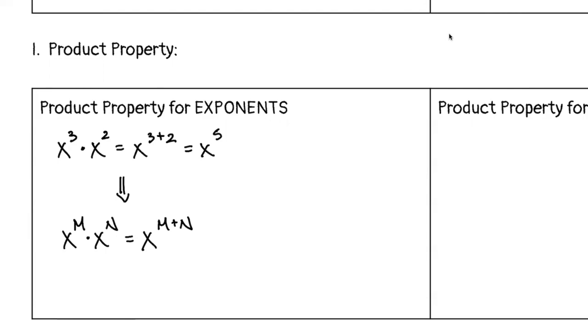I think it's important that we recognize here that we can actually go in both directions. And here's what I mean by that. This is all fine and good. But what if I gave you this, x to the 5th? How could you write that as the product of two things, like x to some power times x to a different power?